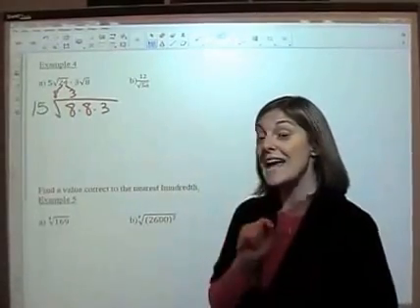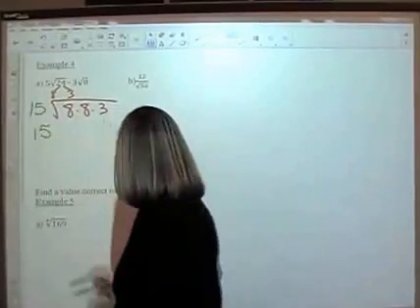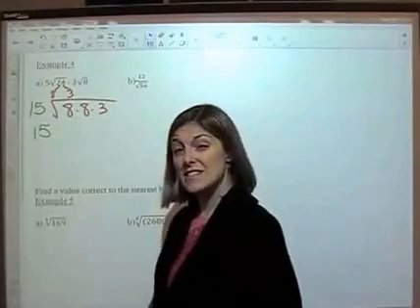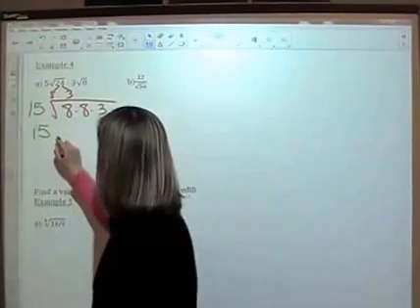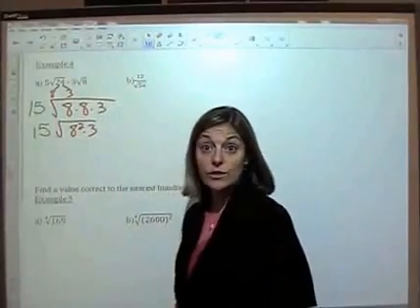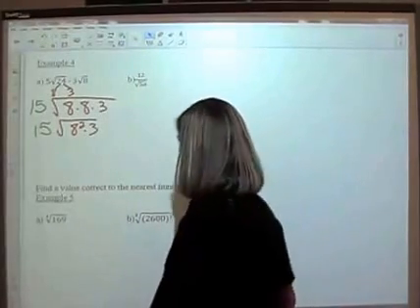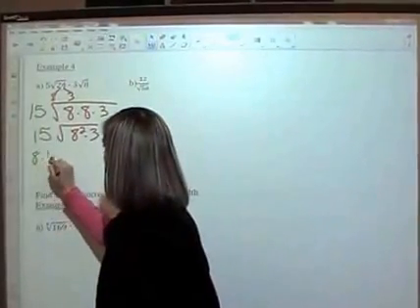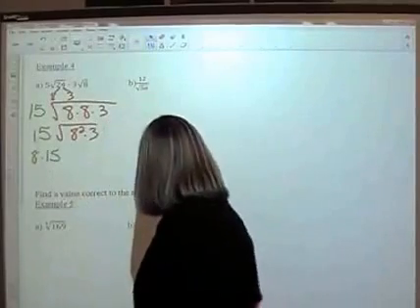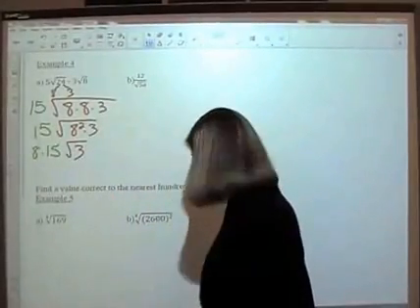So we have 2 of those 8s. So that's really the same thing as saying 8 squared. And what's the square root of 8 squared? 8. And then that square root of 3 stays the same.